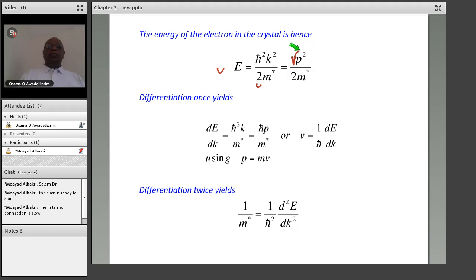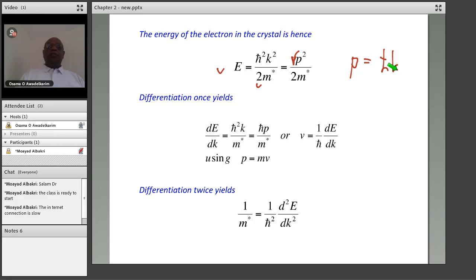If I differentiate with respect to k, dE/dk is ħ²k over m*, and this is ħ times p, because p, the momentum, is always equal to ħk. That is the momentum, using the wave nature of particles. If I use that in this derivative, I get ħp over m*.